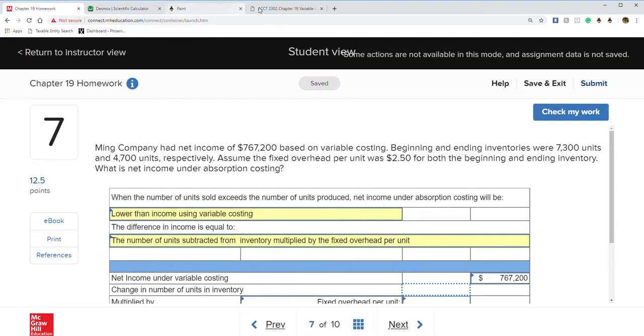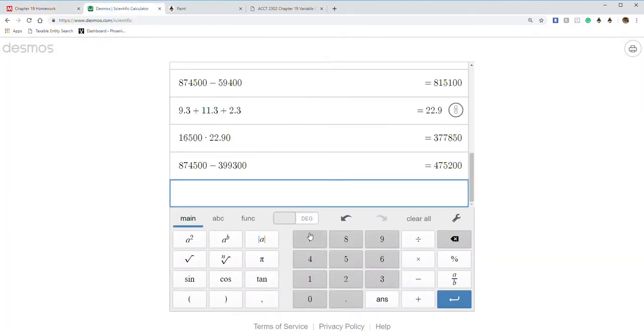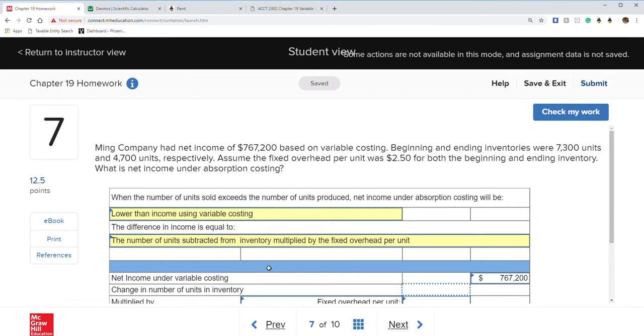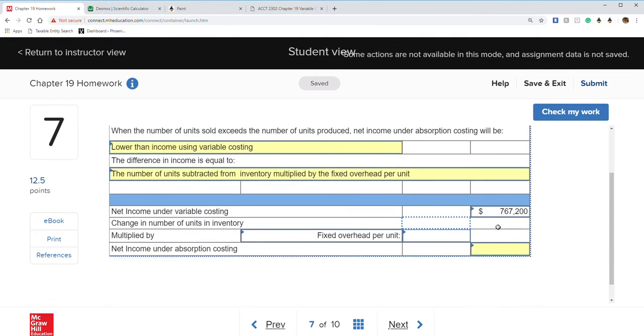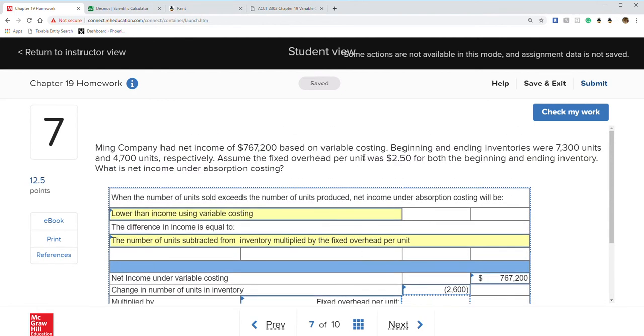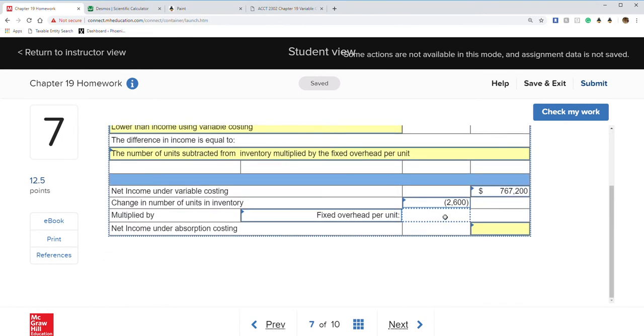That's our ending. So basically 4,700 minus 7,300. So we should have a negative 2,600. Fixed overhead per unit was 250.